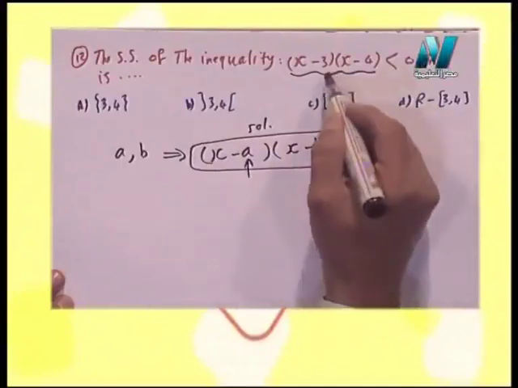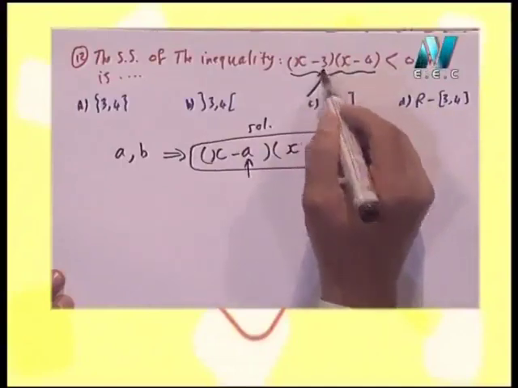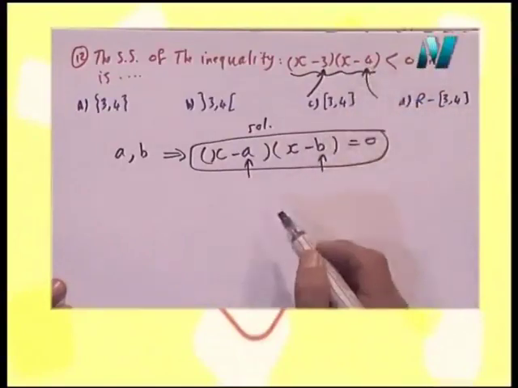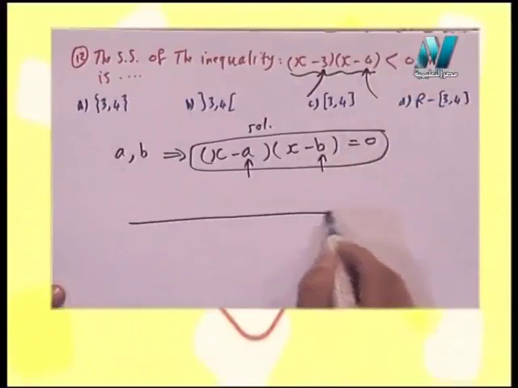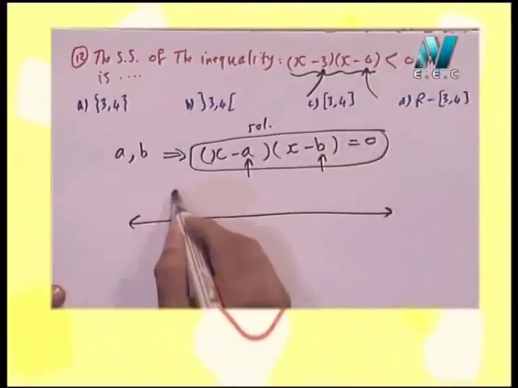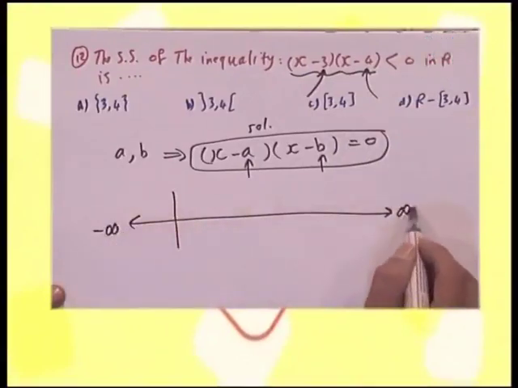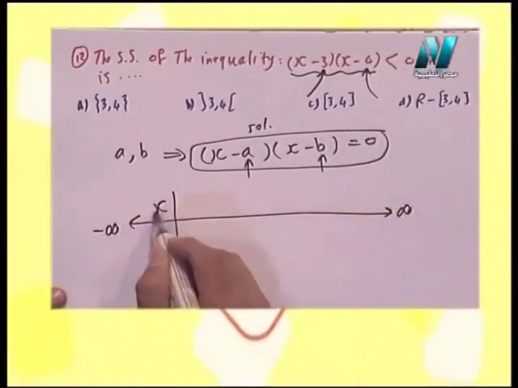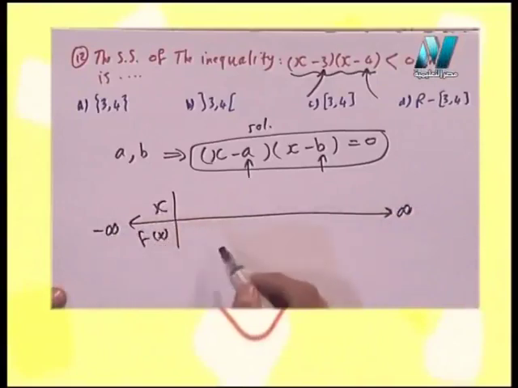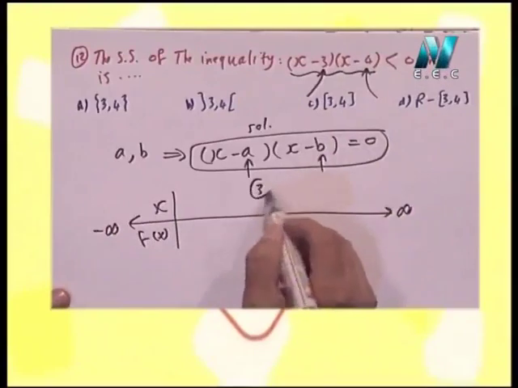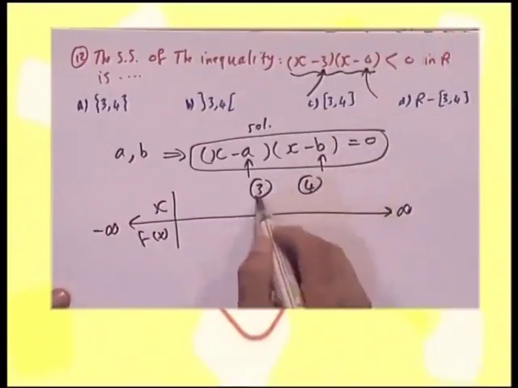So we can deduce now that the first root equals 3 and the second root is 4, and we will start to draw the number line from negative infinity to infinity. This is x and f of x. We have here the two roots 3 and 4, so put 3 here and 4 here.